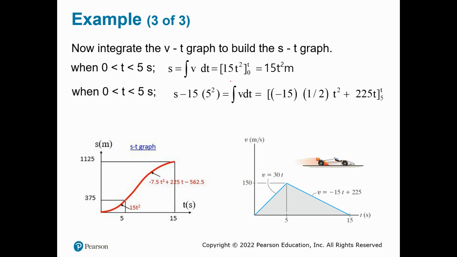The second one over here should be 5 to 15 seconds. And then overall, we can calculate the total distance traveled when we plug in the values 0 to 5 and 5 to 15.